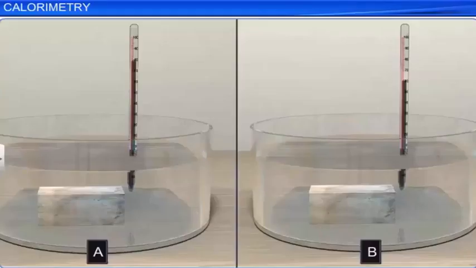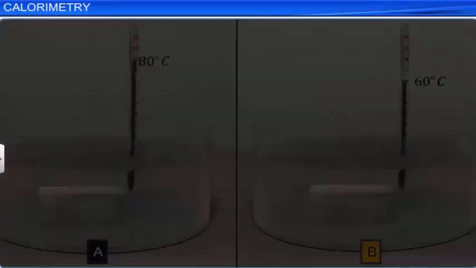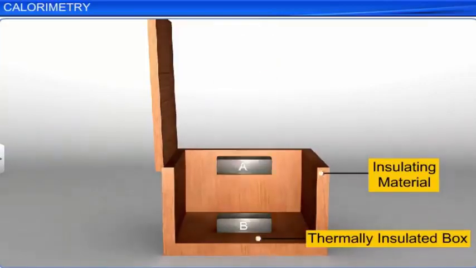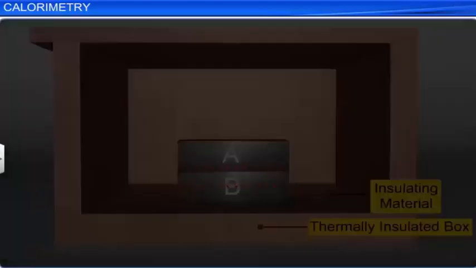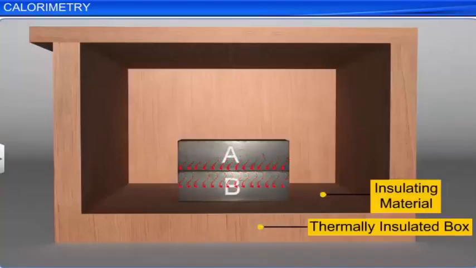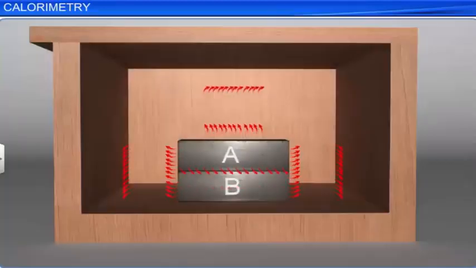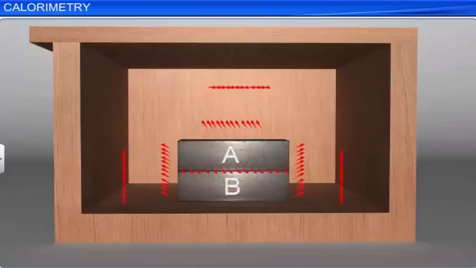Let's take 2 iron rods, A and B, at 2 different temperatures and place them in a thermally insulated box, making sure they are in contact with each other. We know that heat energy flows from a hot body to a cold body. Since they are in a thermally insulated box, no heat escapes to the surroundings.